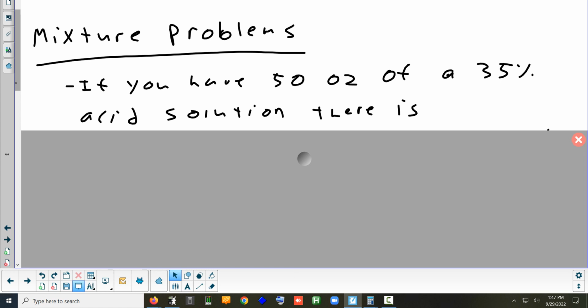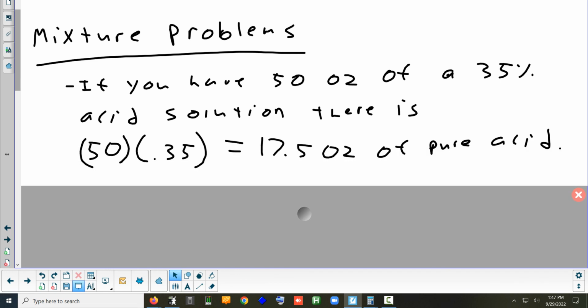So let's say that you had a bunch of liquid in front of you, and I said to you there's 50 ounces in that container, and 35% of it in the container is acid. How would you figure out how much of the liquid in front of you is acid? It's 50 ounces, and I said 35% of what you're looking at is acid. The rest of it is water.